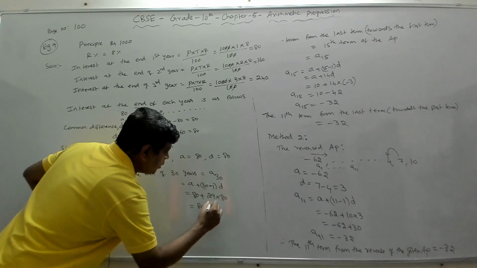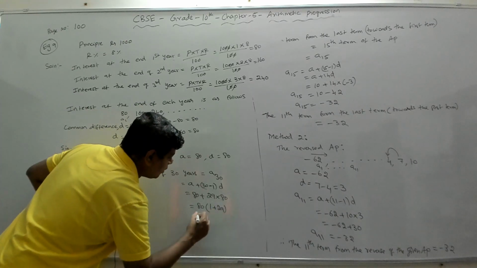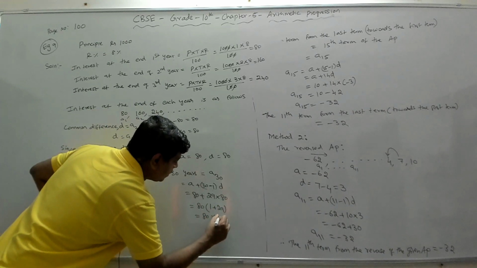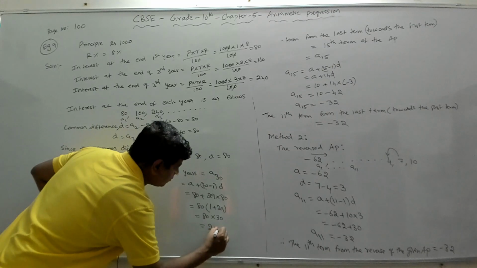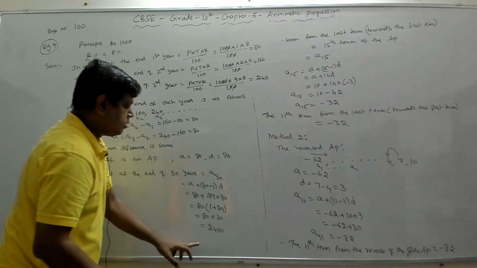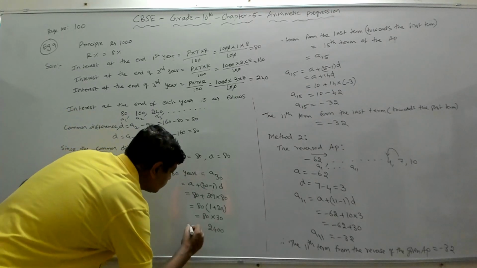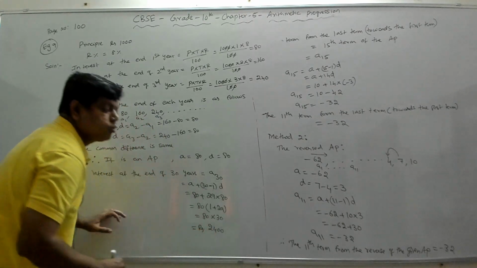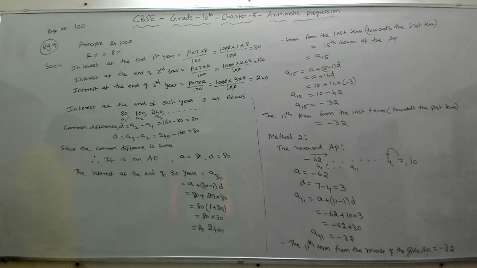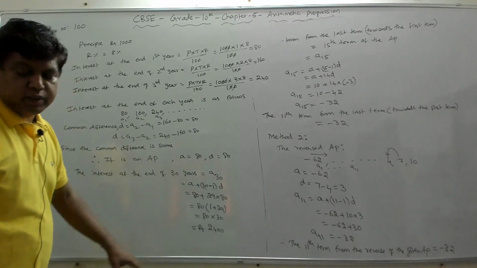If you take 80 common, you get 1 plus 29, which will be 80 into 30. You get 2400. So the interest at the end of 30 years will be rupees 2400. So this is your answer.